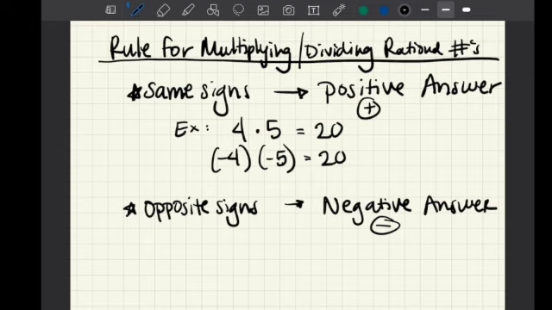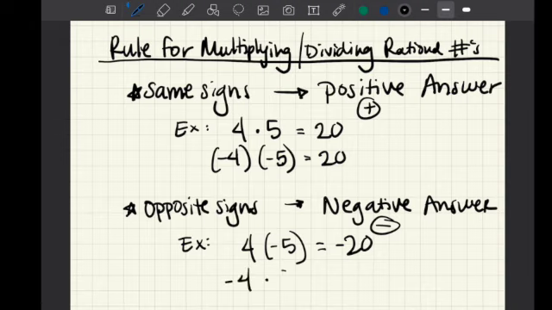So for example, if we have 4 times negative 5, that's going to be negative 20. It's also the same if we have negative 4 times 5. The answer there is still negative 20.